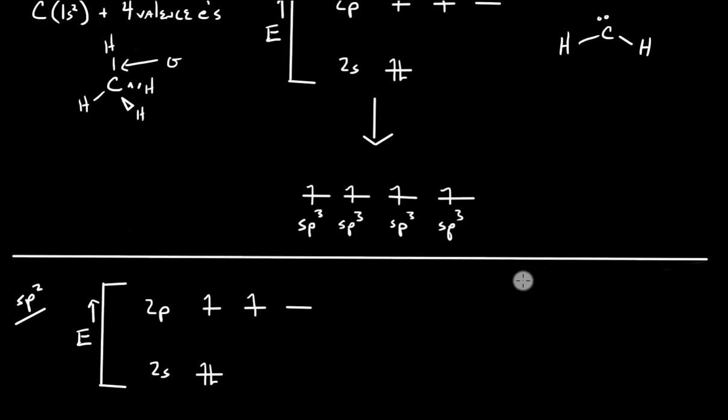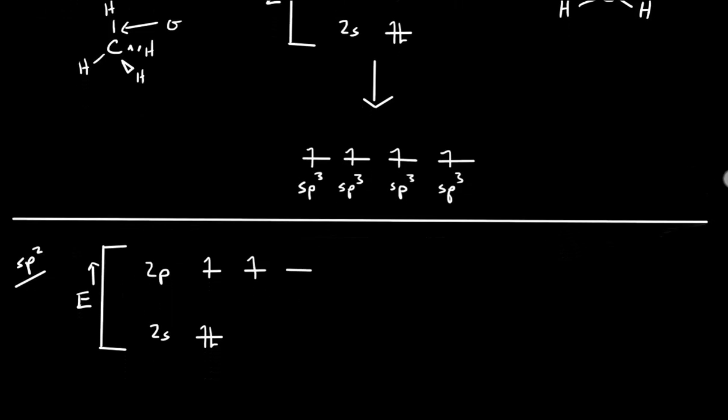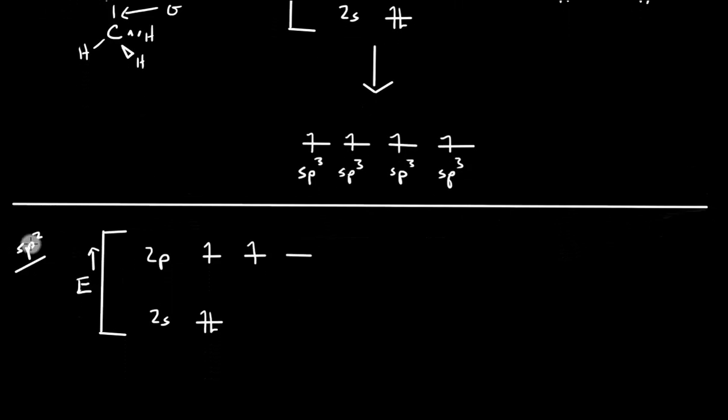So now what would we do if we were trying to make an sp2 hybridized orbital? As the name implies, we're going to combine one s orbital with 2 p orbitals. So at the end of the day, the composition would be 33% s and 66% p. So we take one of these and combine with these 2, and then we're going to get 1, 2, 3 orbitals in, and we're going to get 3 orbitals out.